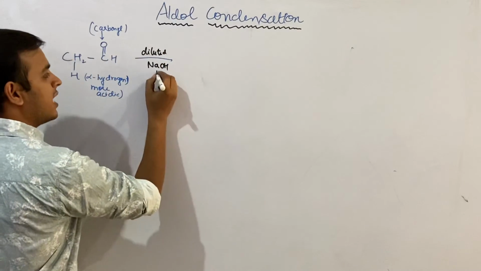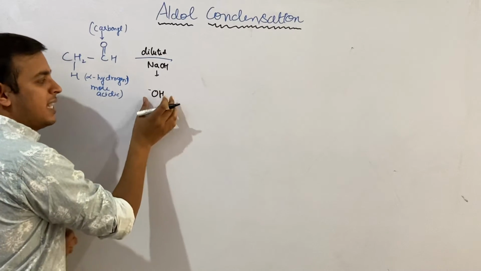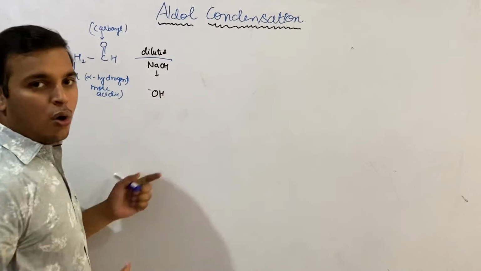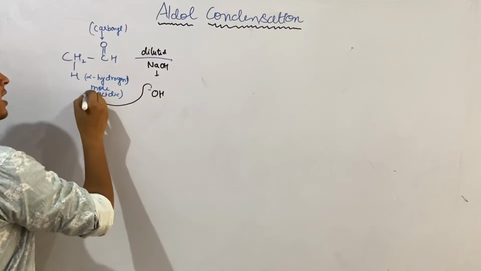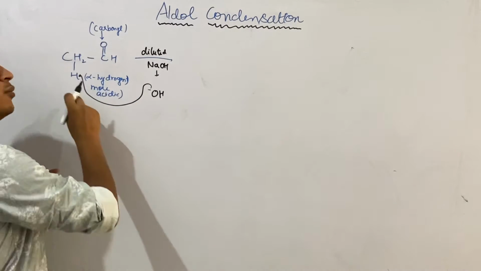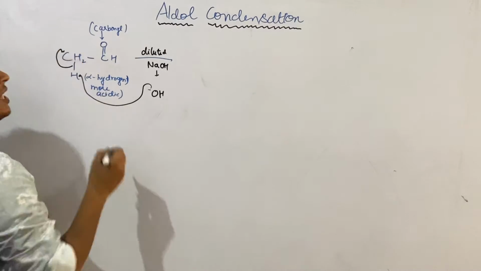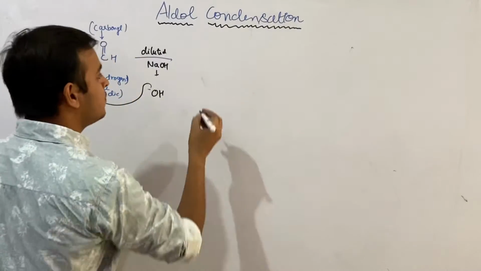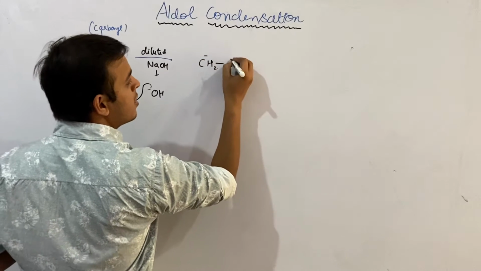They give OH minus, which is a negative species, a base. It attacks the positive H plus ion, donating its electron density to that H, and this whole electron density comes to the carbon. So in the next step, the new species will be CH2 minus CHO.